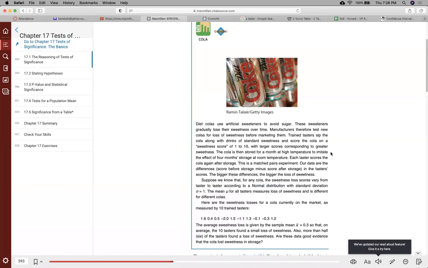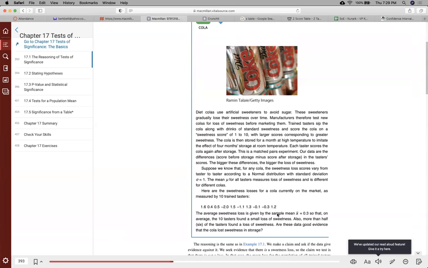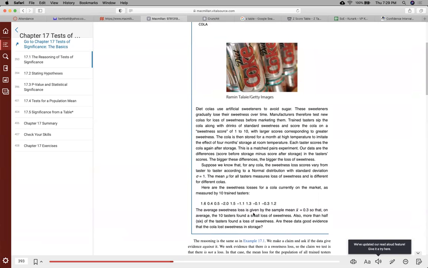So they just gave us that. It comes from a normal and sigma is equal to 1. And here are the 10 results, 1.6, 0.4, 0.5, and so on. Now, the average sweetness loss in this sample is x bar equals 0.3. That means the average before minus after is 0.3.